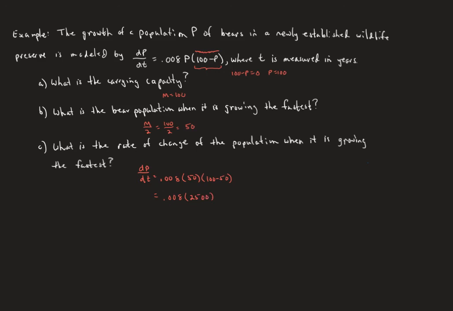If I move the decimal over 3 times and back, that's going to be 8 times 2.5. 8 quarters is 200. And so because of the decimal, that's going to be 20. So it will be growing its fastest when the population is 50, and its growth rate will be 20 bears per year at that time.